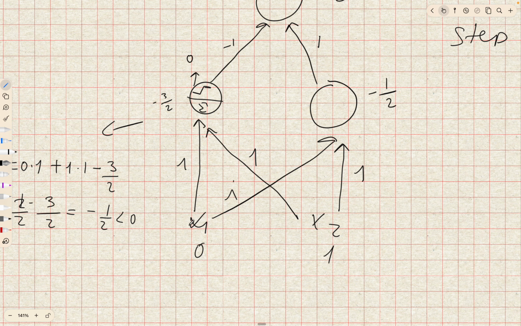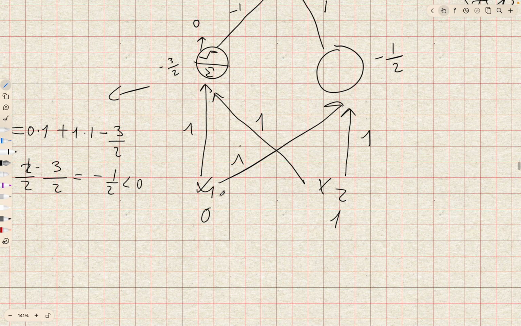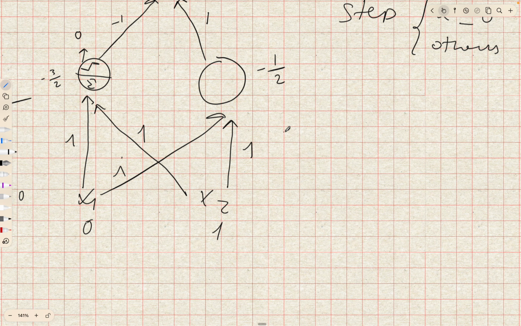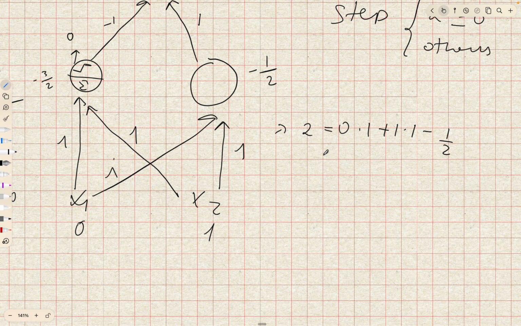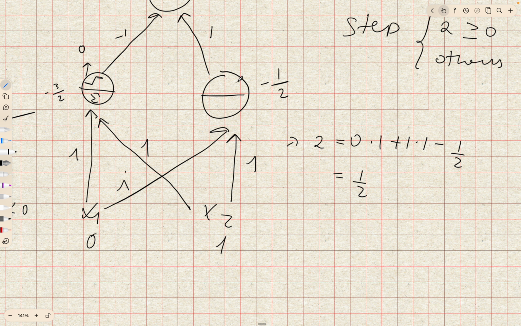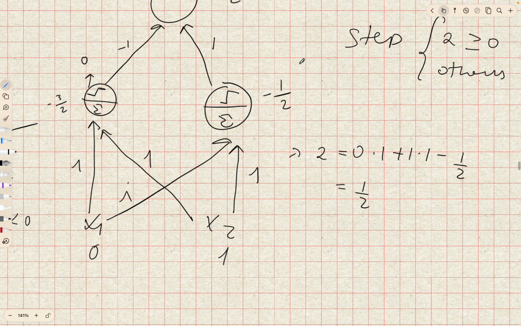And here, what do we have? Let's calculate the z here. z is equal to 0 multiplied by 1, plus 1 multiplied by 1, minus 1 over 2, which is 1 over 2, and this one will output 1, because this is greater than 0.